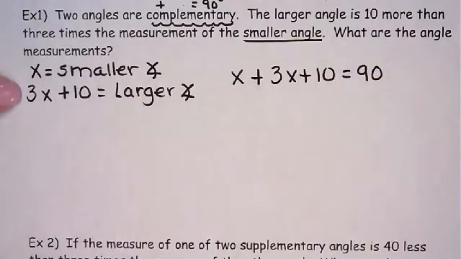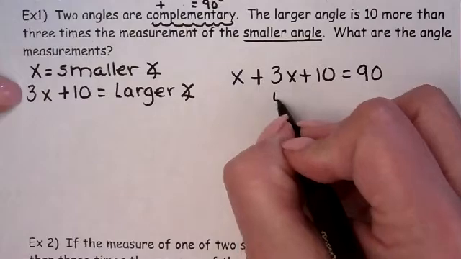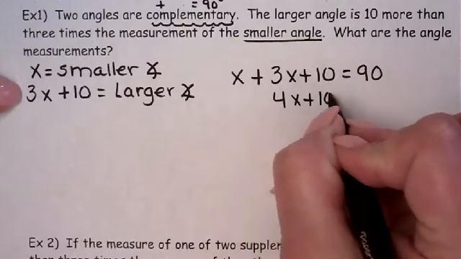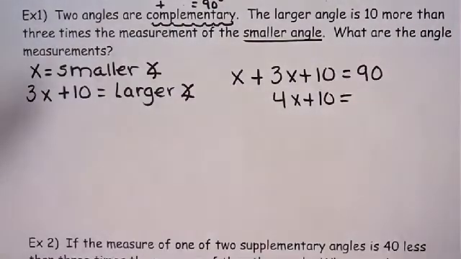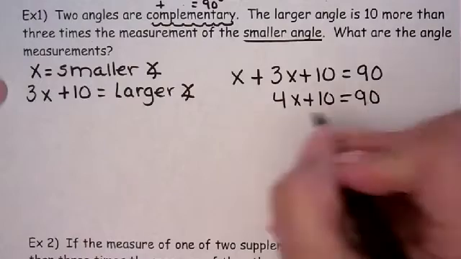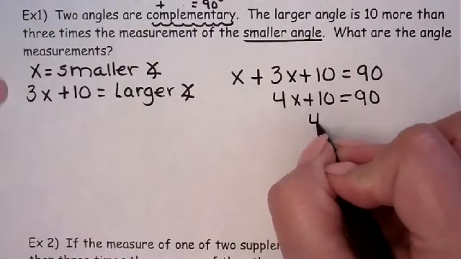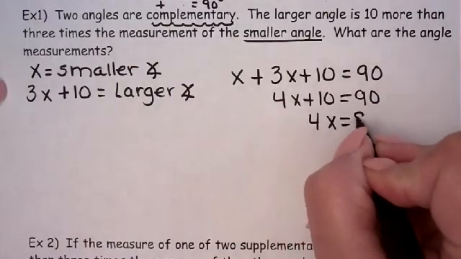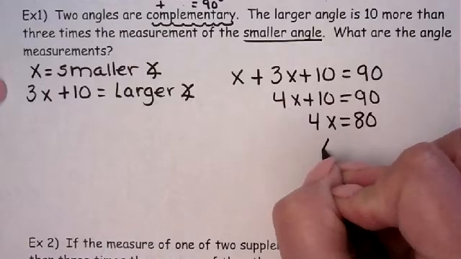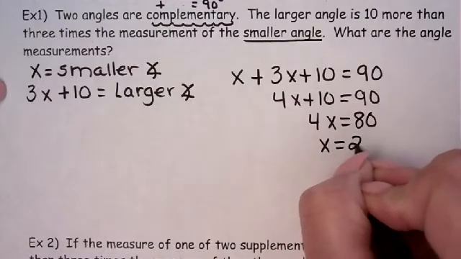Well, this is the easy part, solving. Combine like terms, that's going to be 4x plus 10 equals 90. Subtract 10 from both sides, I get 4x equal to 80. When I divide by 4, I have x equal to 20.